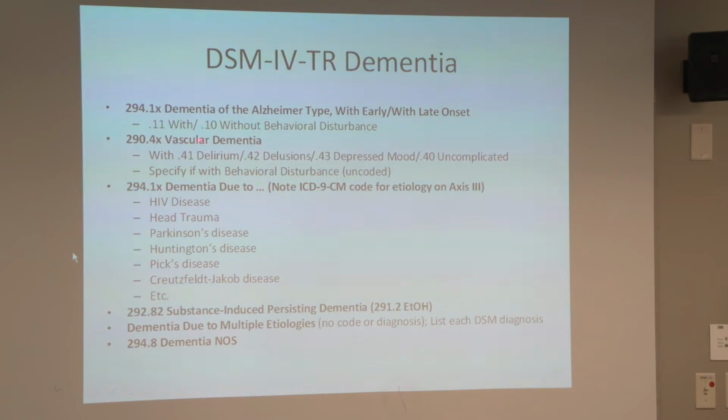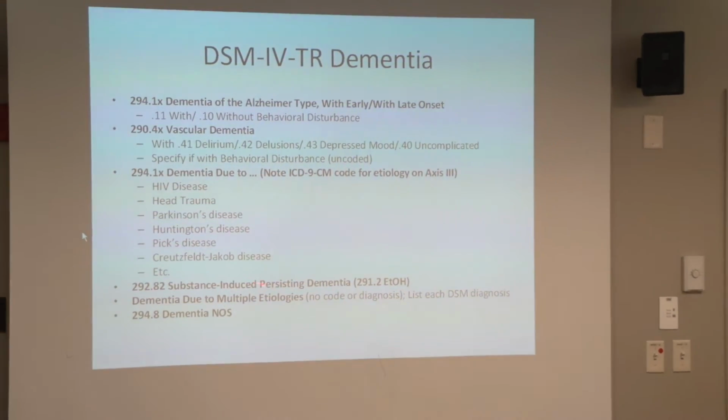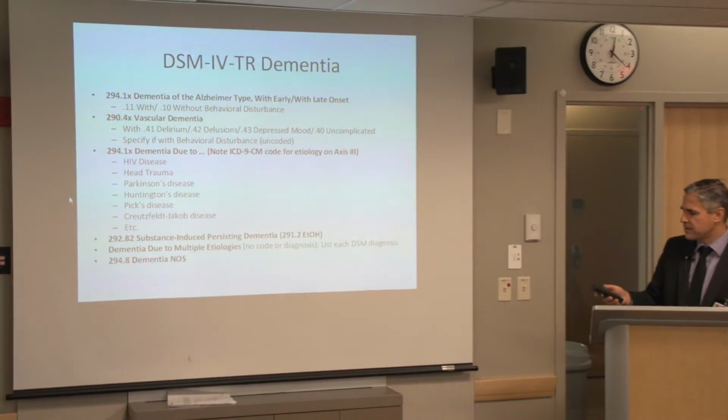And vascular dementia used to come with delirium, delusions, depressed mood, and uncomplicated as modifiers, but not dementia of the Alzheimer type. That was weird. And then the dementia due to, but they did not give very clear explanations for how you would differentiate. Then they had the mysterious substance-induced persisting dementia, and so on and so forth.